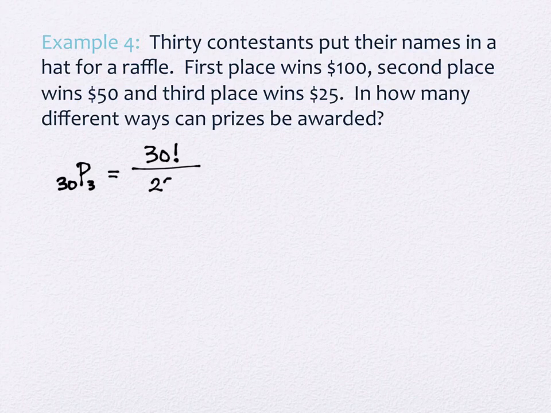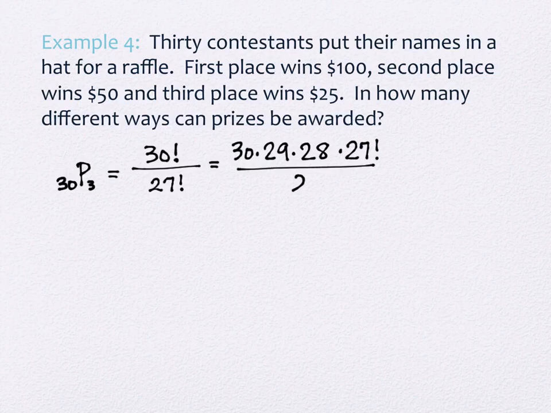27. If you need or want to write out 30 minus 3 and put the factorial, feel free to do so. That's fine. And like we did last time, we're going to write this number out until we get to a number that can easily cancel with 27 factorial. In particular, we're looking for 27 factorial.